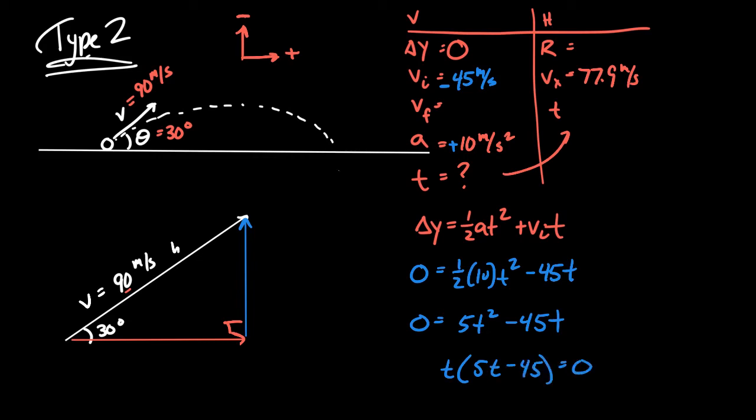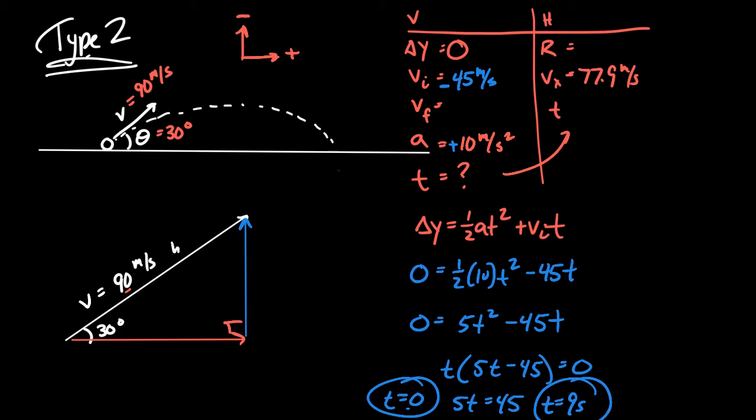You really are supposed to, because there's actually two times. There's t equals 0, and there's 5t equals 45, which means t equals 9 seconds. But there's two answers for time. There's 0, and there's 9 seconds.